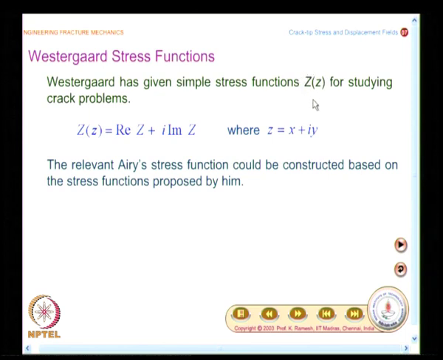Since these slides are prepared, I am able to show the stress function as capital Z, this is a function of small z which is equal to x plus i y.